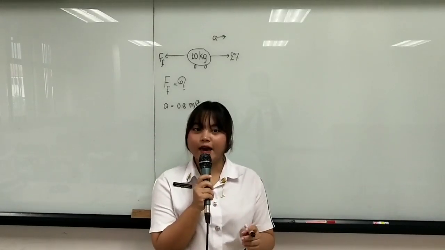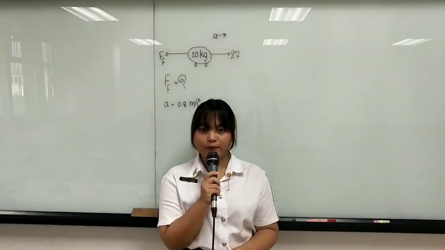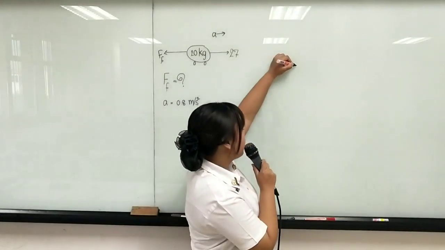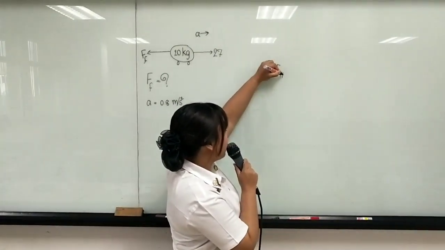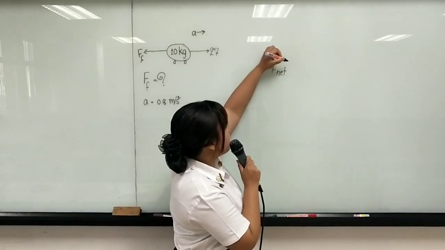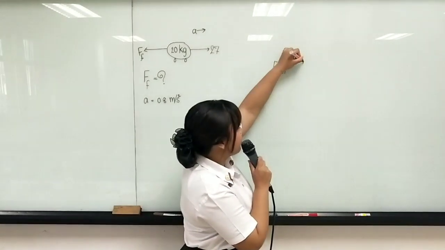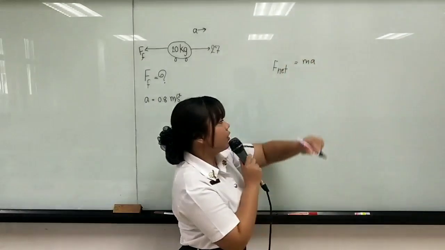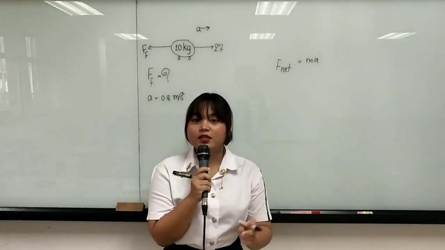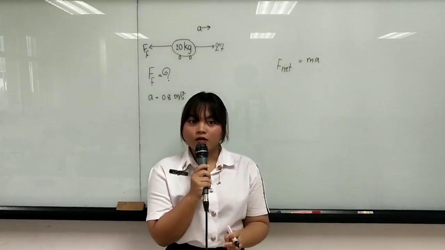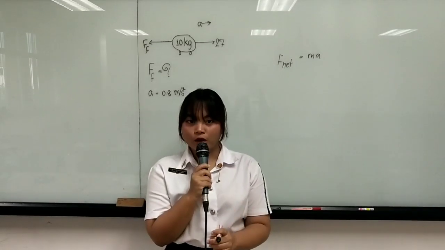Okay, so I have a Newton's second law problem. F net equals ma. I need to get that force into a formula.